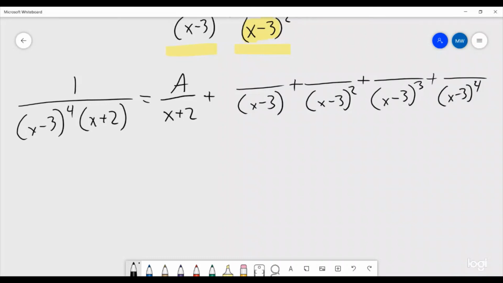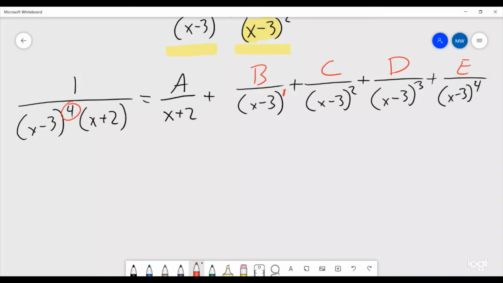We would be able to write this with constants on top of each of these, because we go through each of the powers. We go through 1, 2, 3, 4, all the way up until we reach this point. That's another common way that you might be able to see this. And so this is another way that you might see partial fractions in the future.